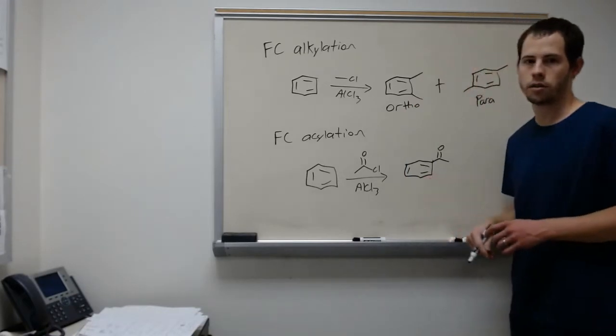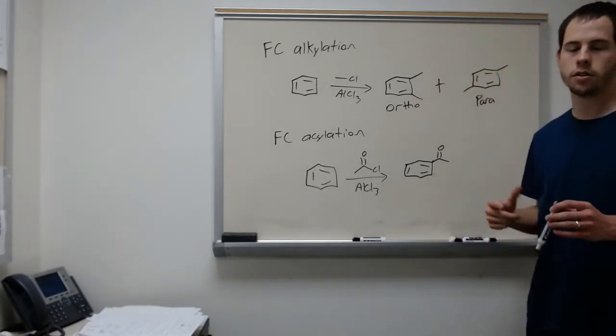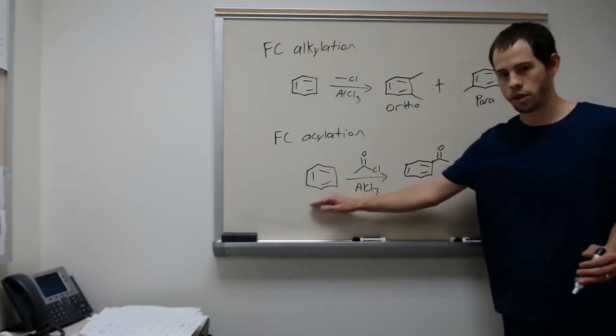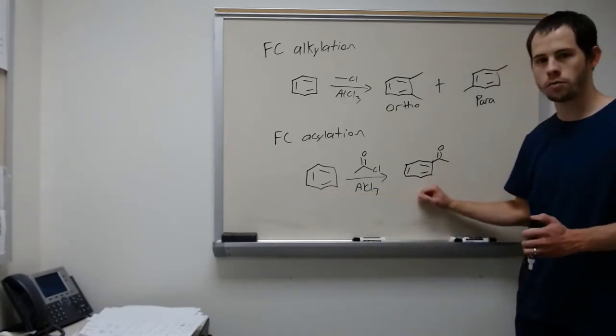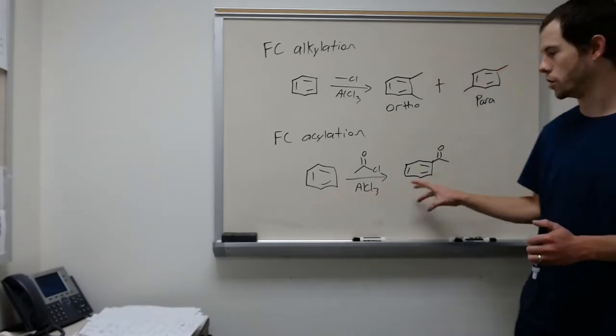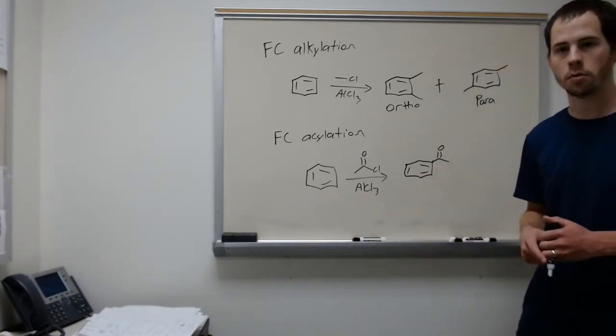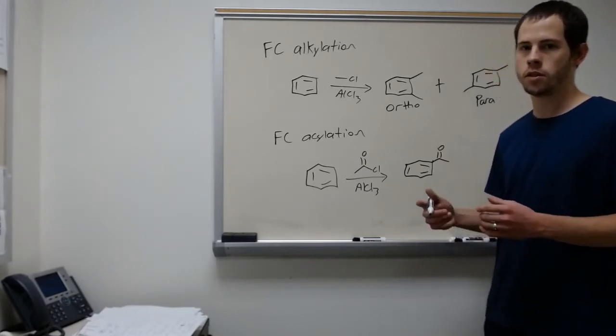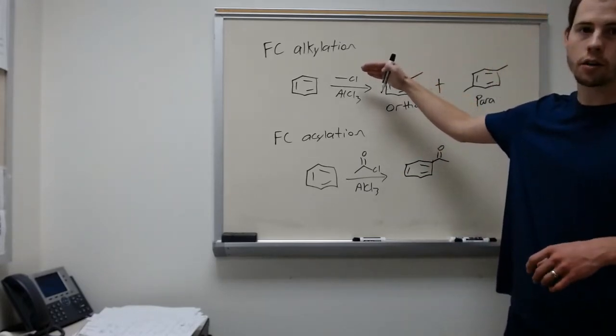And so we get a product that looks like this. Based on the discussion we had earlier, we know that this is less reactive than benzene, and so once this forms, this is not going to react faster than this. And so we only get one addition of our carbonyl on there. And so again, this overcomes the limitations of the Friedel-Crafts alkylation.